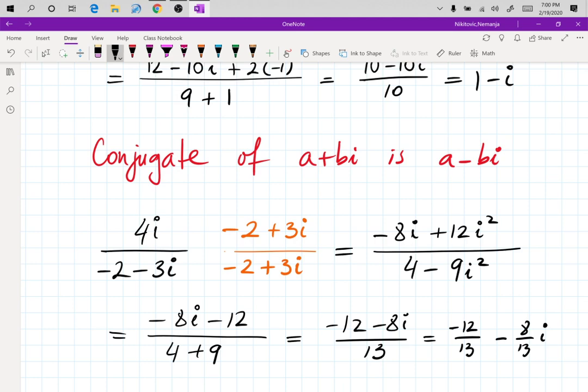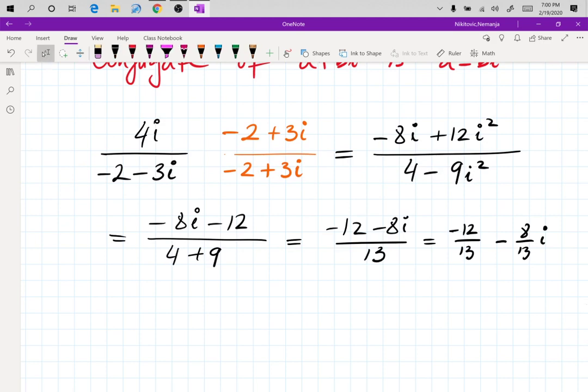Now you have your a to be negative 12 over 13, and you have your b to be negative 8 over 13, right? So you are separating this. This is in the form of a plus bi. And that's the answer, right? The complex number is the answer when you split real from imaginary with whatever sign happens to be in between. So that's that part.